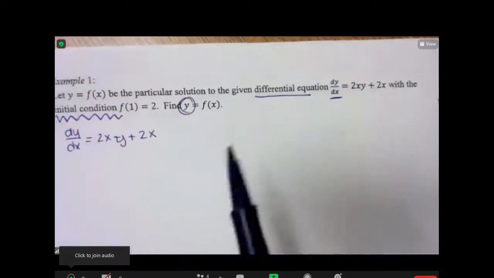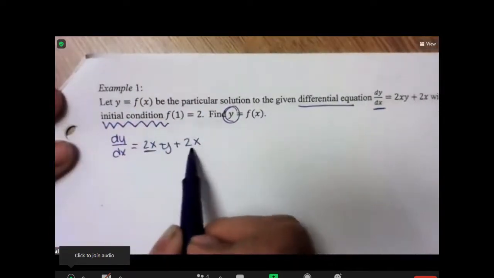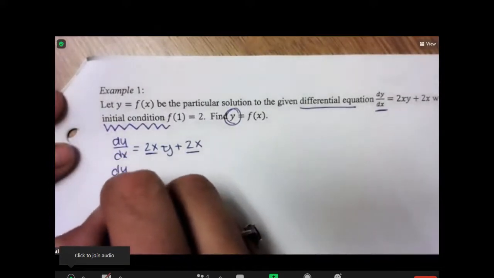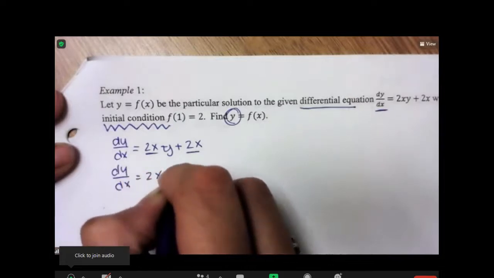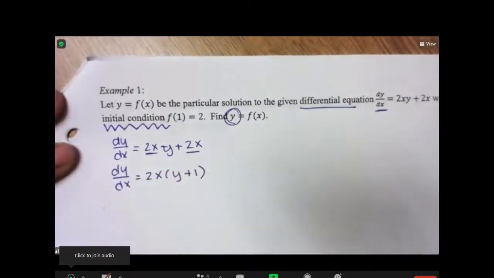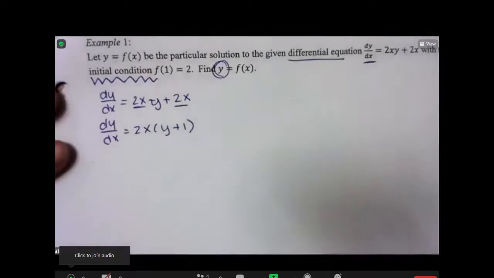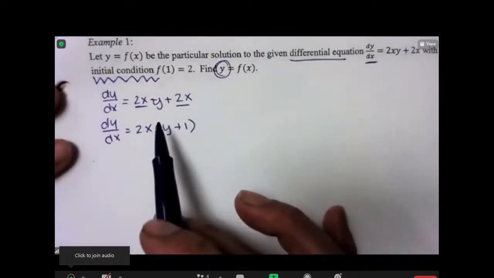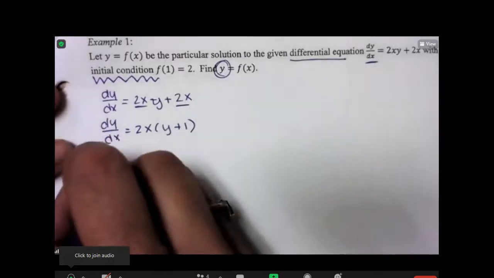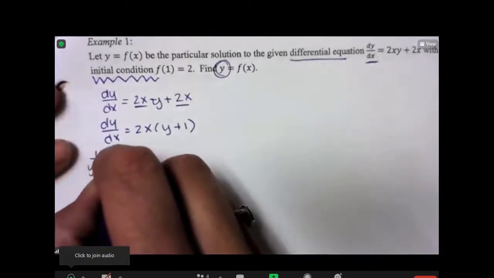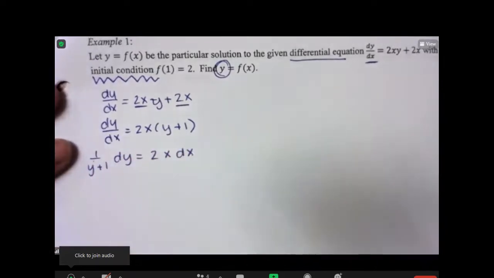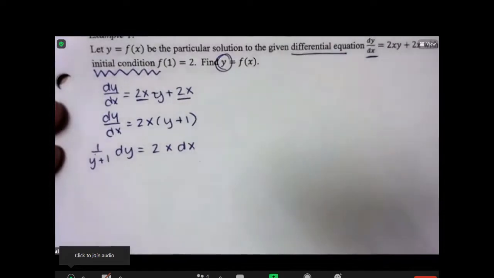In order to do that, you're going to have to take out a GCF of x. So that would leave you with y plus 1. So now I can get the y's on the left and the x's on the right. And once my variables are separated, now I can integrate.